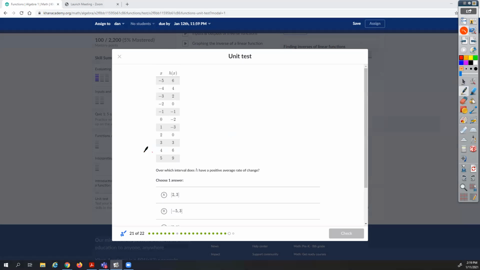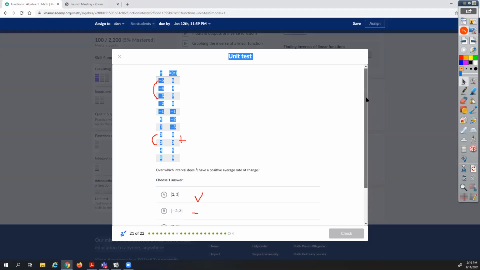So let's take a look at this. When we go 2 to 3, does this have a positive rate of change? Yes or no? So from -5 to -3, going here, is this positive? This is negative. Let's look at the next one, 0 to 1.